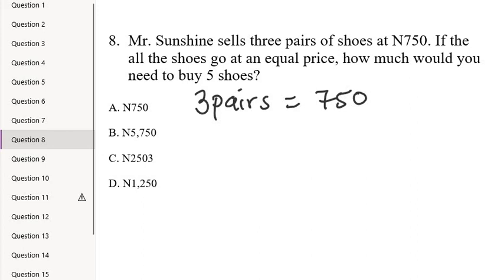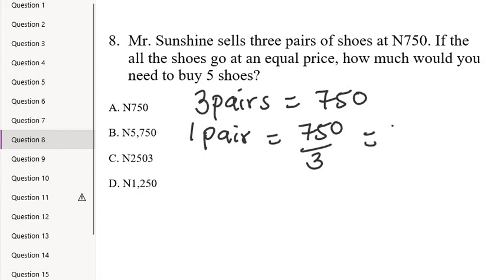If all the shoes go at an equal price, how much would you need to buy 5 shoes? So the first thing we need to do is to find out how much one pair costs. One pair equals 750 divided by 3 to get the price of one.